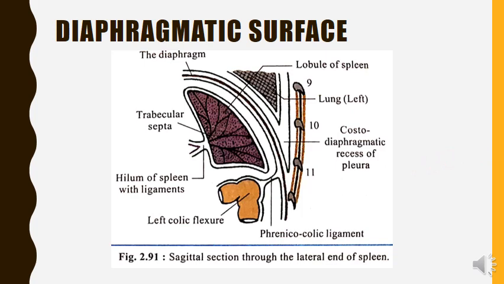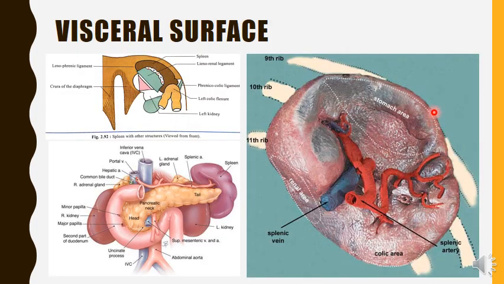This is the diaphragmatic surface. Now coming to the visceral surface, the surface on which you will see the hilum of the spleen, it is called the visceral surface. We call it visceral because it is related to certain viscera, organs. It is related to the stomach here, the kidney here, the colon, the left colic flexure, and near the hilum it is related to the pancreas.